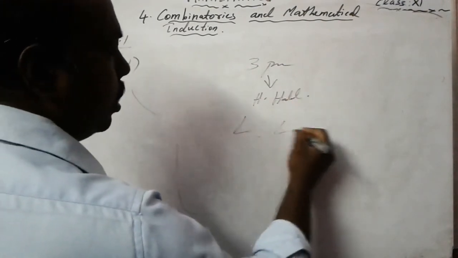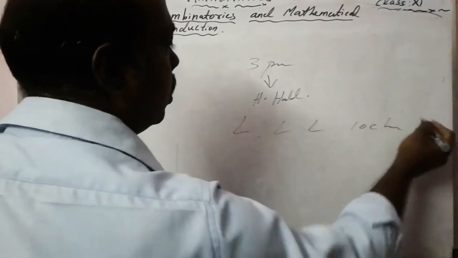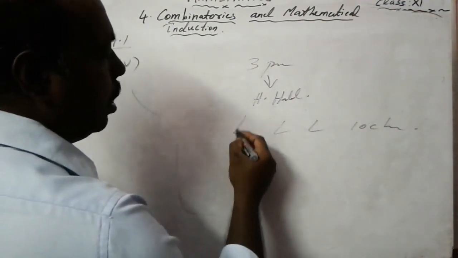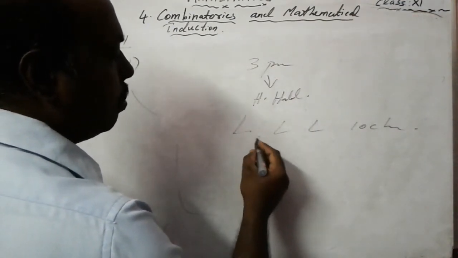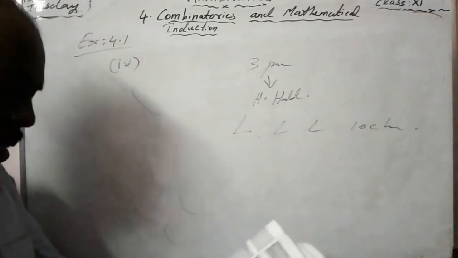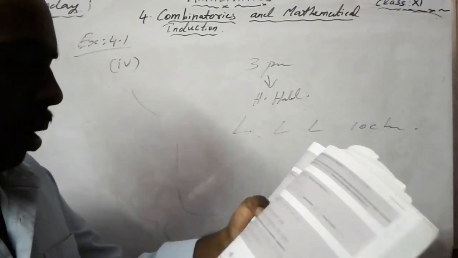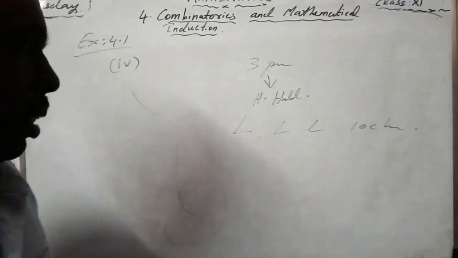There are 10 chairs. So how many ways they can be seated? What they asked? 3 persons enter a conference hall in which there are 10 seats. In how many ways they can take their seats?